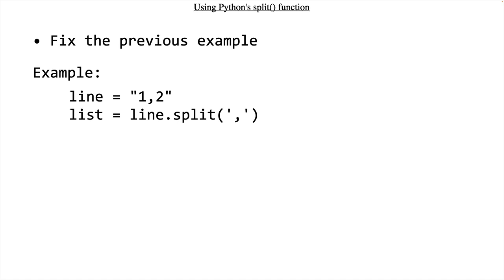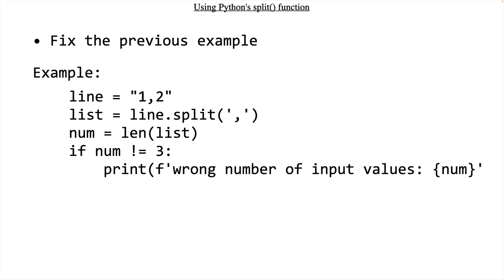The way to fix this, with my line that has 2 values in it, is to stick it in a list. If I do it this way, the list is going to be whatever size is needed to hold all the values that come out of my split function. Then I can say num equals the length of the list, and if that number is not equal to 3, print out "wrong number of input values" and tell me how many they got using that f-string.